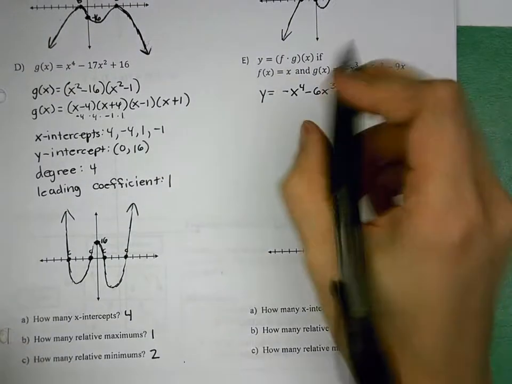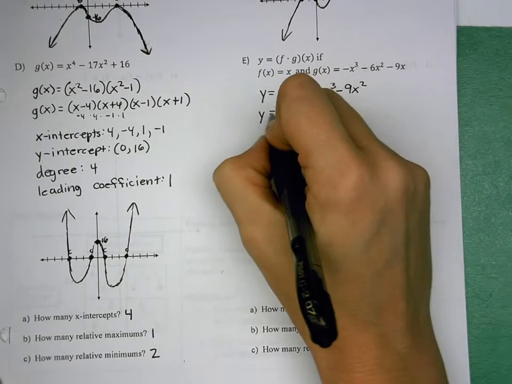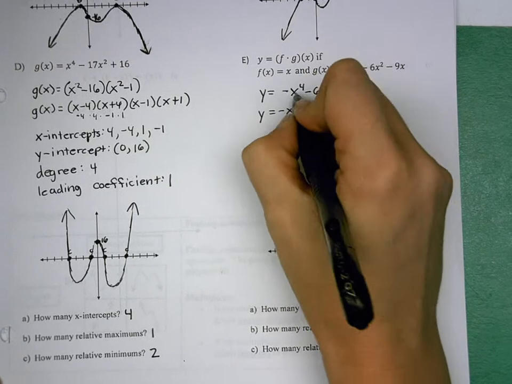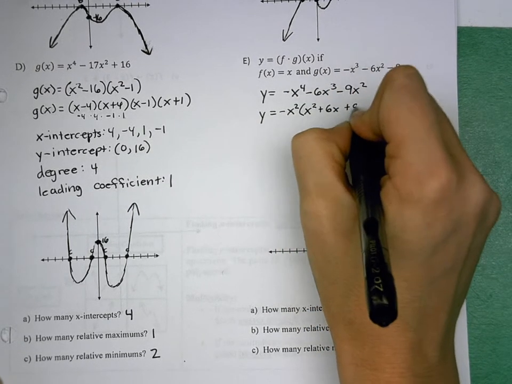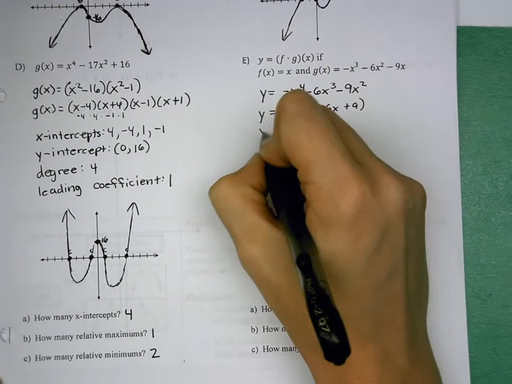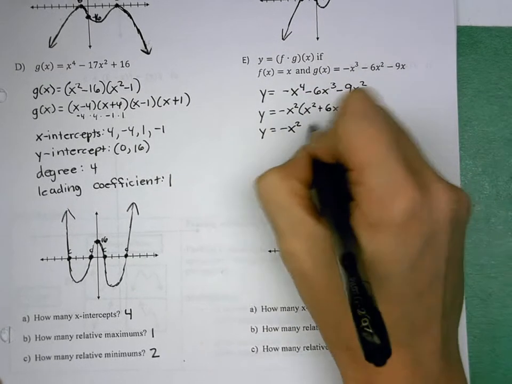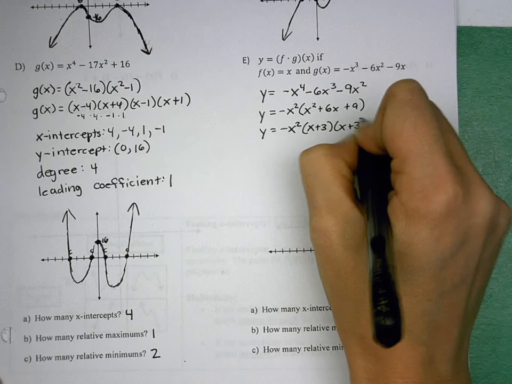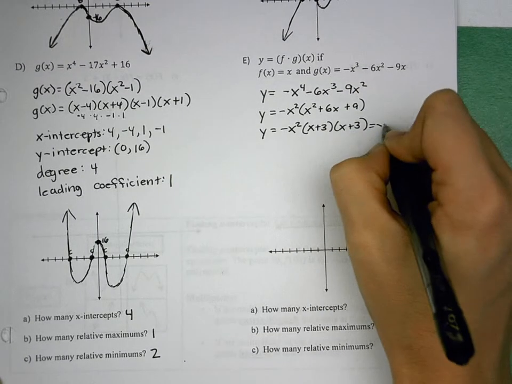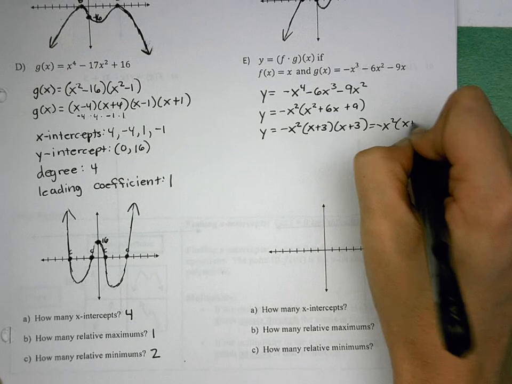Factored, I can pull out a negative x squared as a GCF, so we'd have x squared plus 6x plus 9, which does trinomial factor to x plus 3 times x plus 3, which is the same thing as x plus 3 quantity squared.